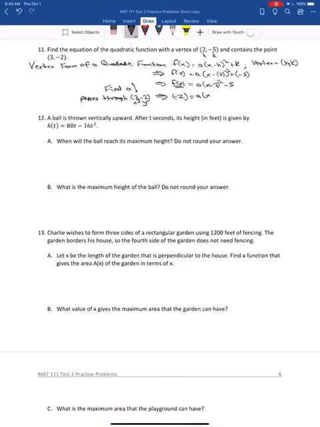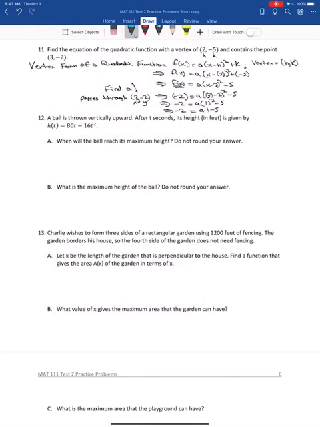Well, again, we're given x, so let's go ahead and plug that in. So that's 3 minus 2, squared, minus 5. So we create an equation with one variable, that being a. So -2 is equal to a times, well, 3 minus 2 is 1. So we've got 1 squared minus 5. So we've got -2 equal to a times 1, which is just 1, minus 5. And then we're solving for a.